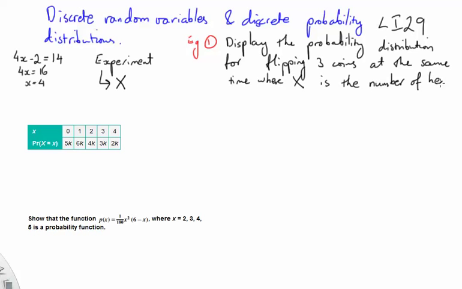Alright, lots of information. But now we've tied x to an experiment. The experiment is flipping 3 coins and x is the number of heads.